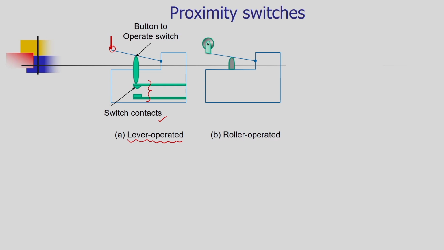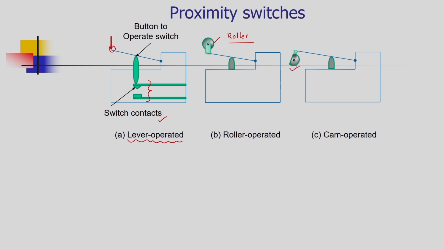Instead of having a pressure or a point load, we can also use rollers to carry out the same operation. The advantage of using a roller operated switch is that there is less wear and tear of its element. The third configuration is cam operated.